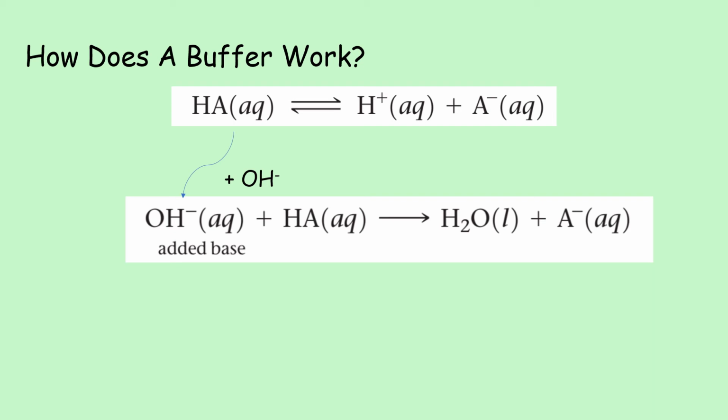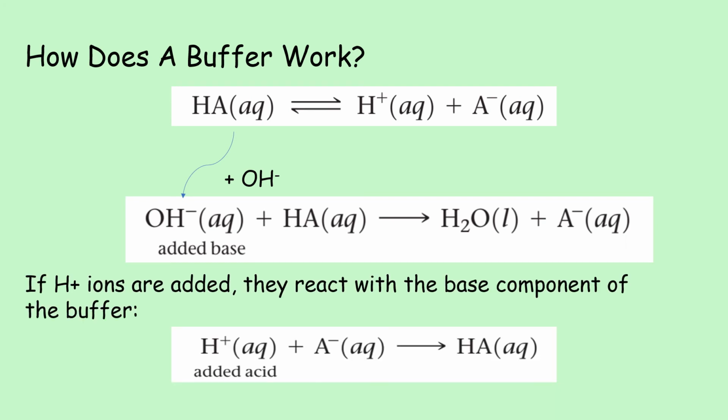So as long as the amounts of weak acid and the conjugate base in the buffer are large, relative to the amount of hydroxide ions added, the ratio between the weak acid and the conjugate base does not change much, and thus the change in pH is small. So if hydrogen ions are added, they now will react with the base component of the buffer.